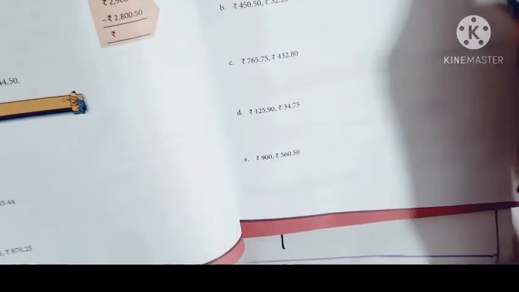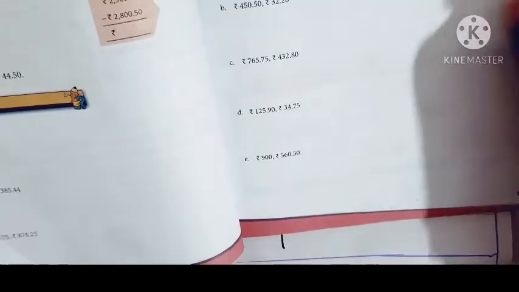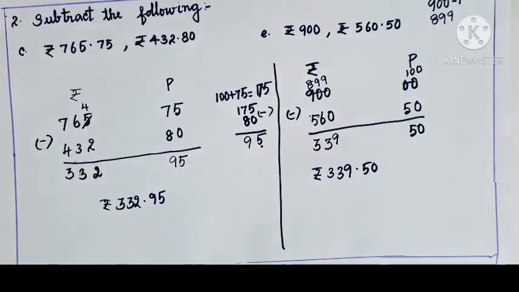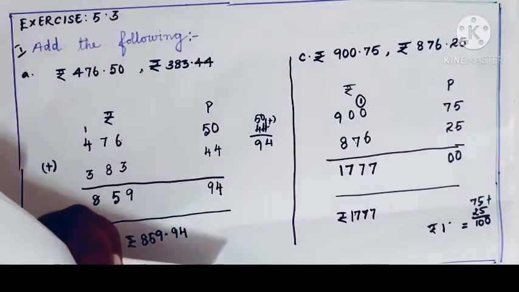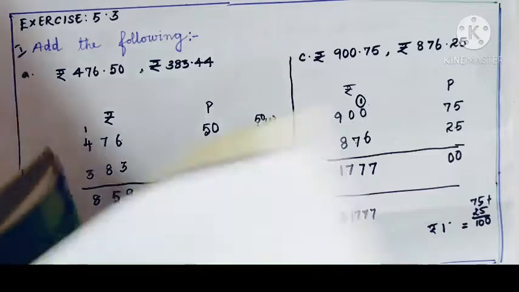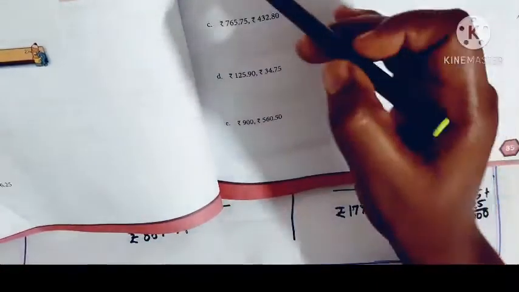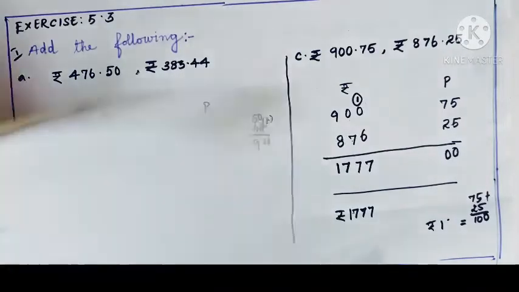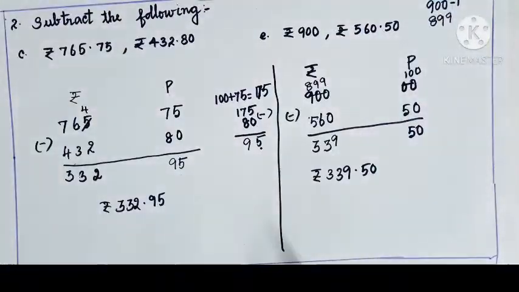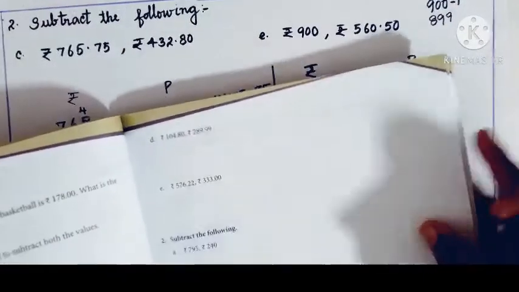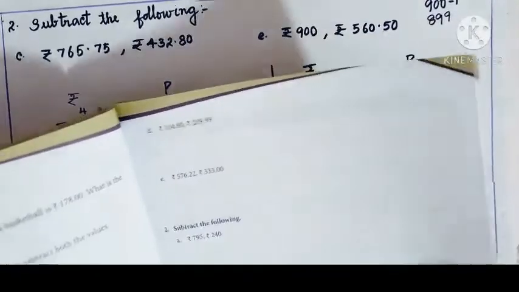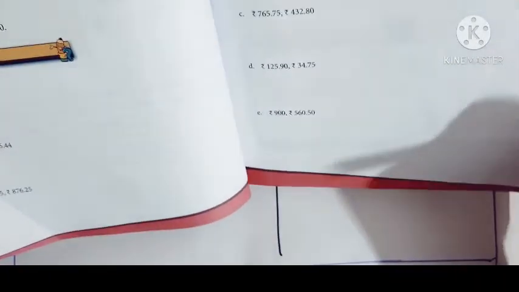I have done some sums, and the rest of the sums you can do. I have done A and E sums for you in subtraction. So you can do B, C and D in the book itself. The rest of the sums you can do as homework, right?